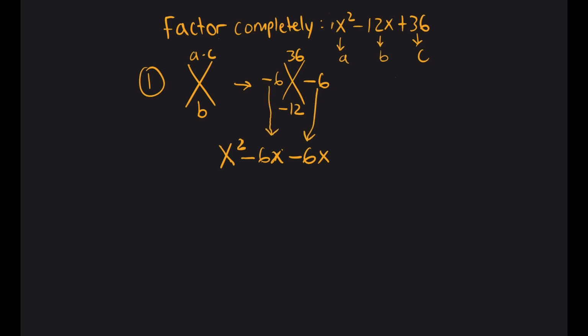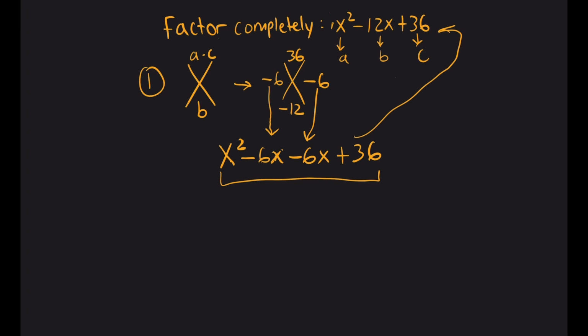And you'll see that the negative 6x minus 6x gives me the negative 12x, like from the original expression. And then carry the 36 down, so plus 36. So this is exactly the same as the original problem that we had. It's just that the negative 12x, I split it into minus 6x minus 6x.